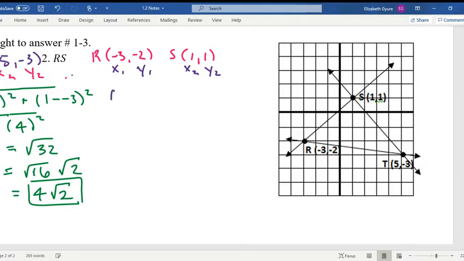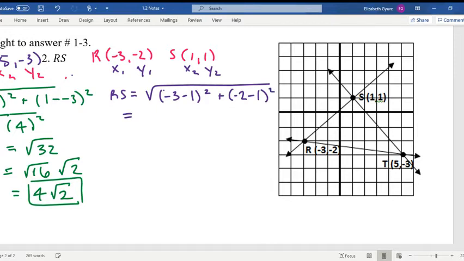So I'm finding the measure of RS equals, put your big square root sign. The first thing is subtract your x's. So that's going to be -3 minus 1 in parentheses and square it. Plus, then subtract your y's. -2 minus 1, put it in parentheses and square it.